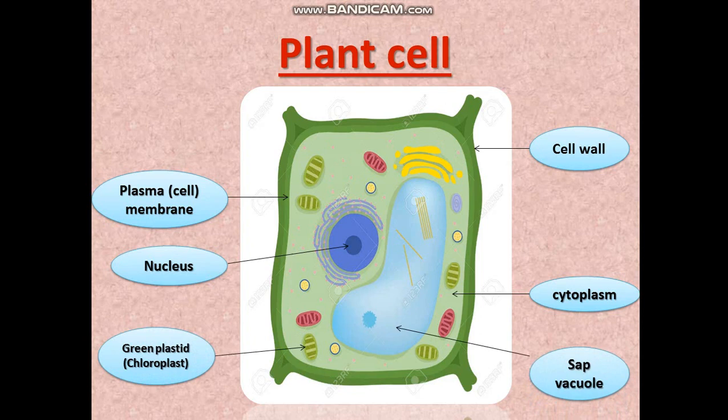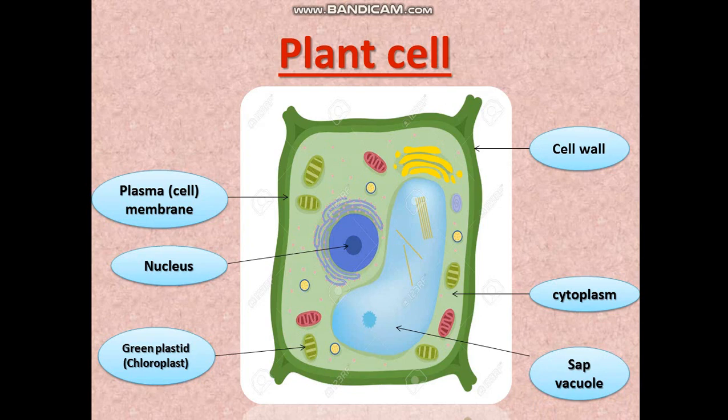And the final one, great, sap vacuole. Cell wall makes what? Support cell, give it definite shape. Plasma membrane controls the entrance of substances in and out of the cell. The cytoplasm, all biological operations occur in it.